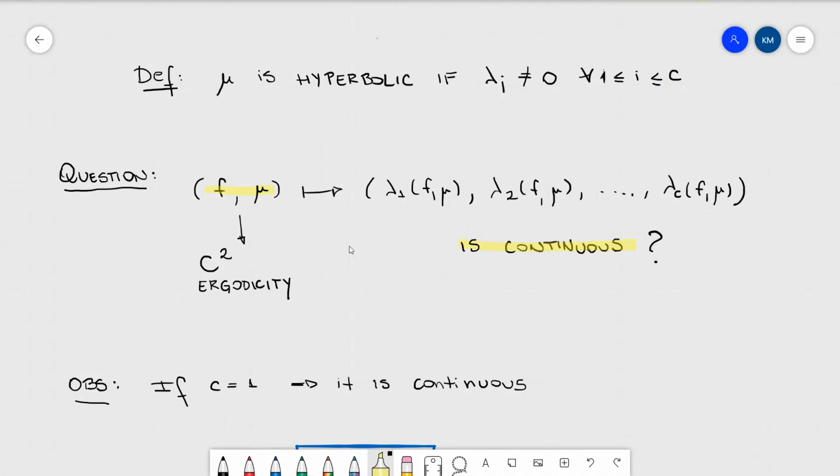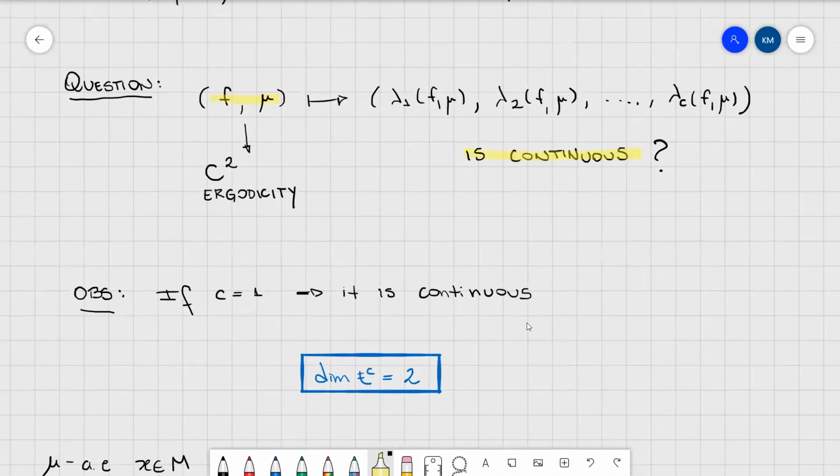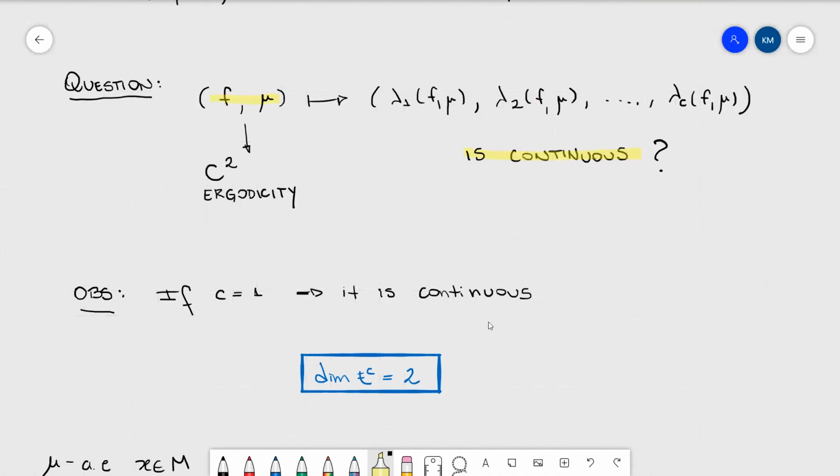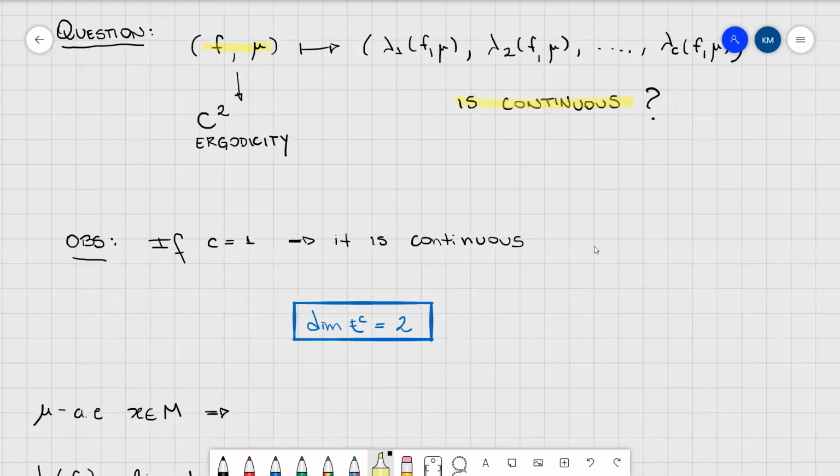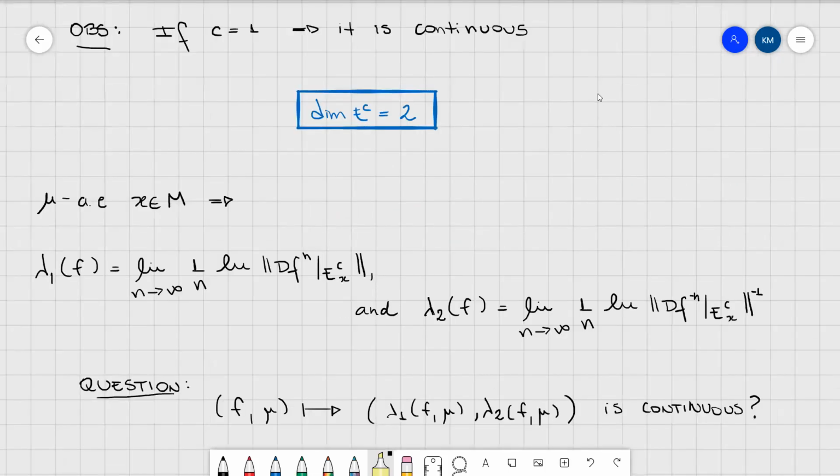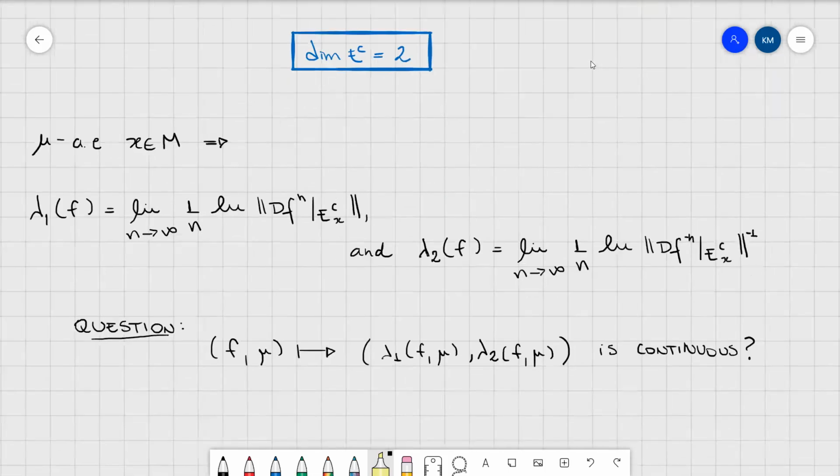So the next easiest case that we can think of is taking dimension 2 in the center bundle. So from now on, I'm going to focus on partially hyperbolic diffeomorphisms that have center dimension equal to 2. And in this particular case, I can give you a precise definition of the Lyapunov exponent, that is this here.